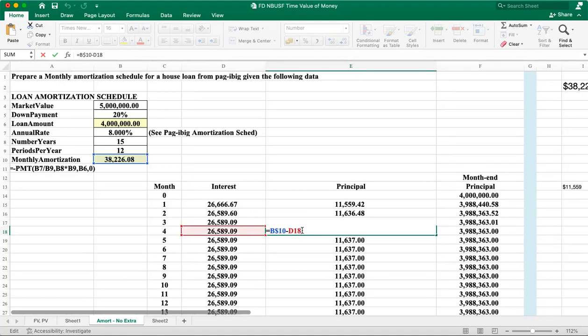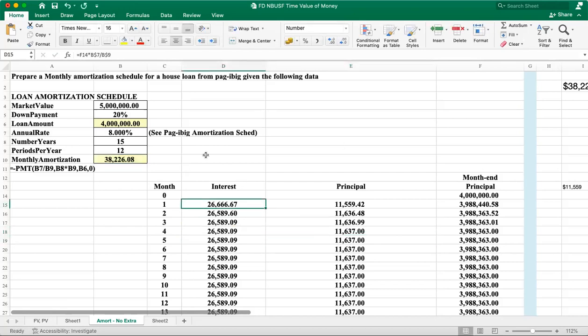Okay. Sandali. Ulitin natin yung interest, no? Parang mali yung interest natin. Sige. Ulit ka sa D. So, F14, tama, no? Times B $7, 8% divided by B $9. So, when I copy this down, okay.